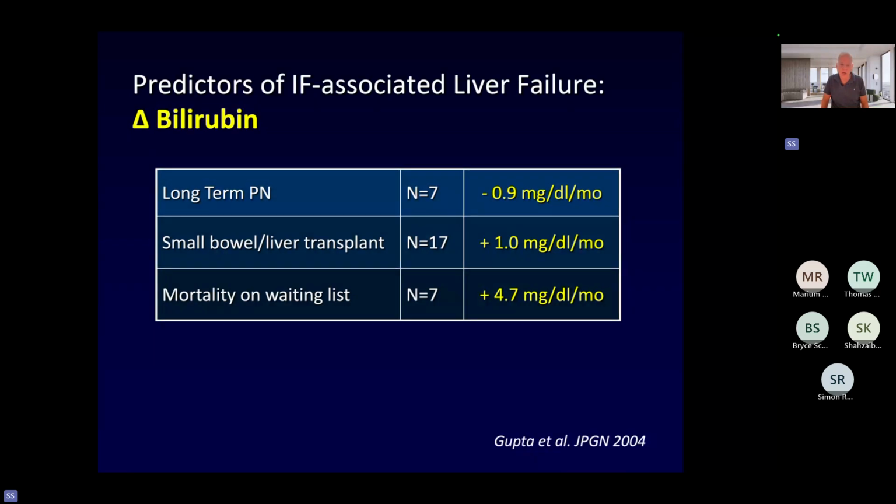Those who are requiring either small bowel or liver transplantation, their bilirubin increased. And those that died on the waiting list, their bilirubin levels increased even more. So a reduction in total bilirubin is going to be your best indicator of long-term survival, certainly of the liver.